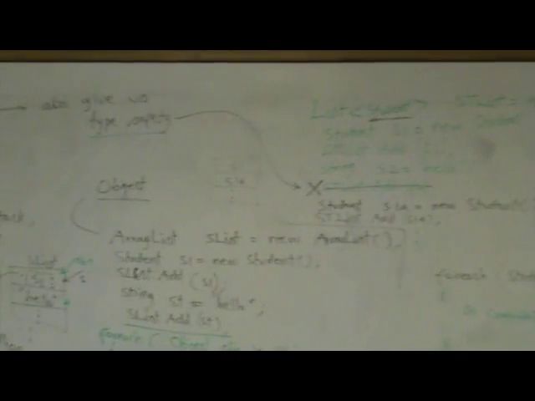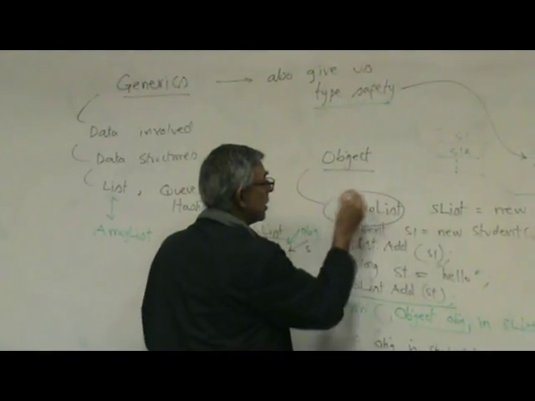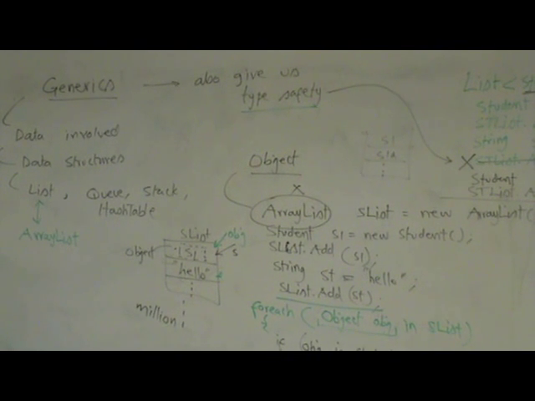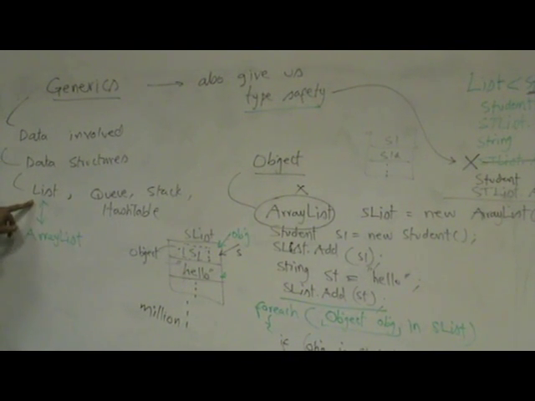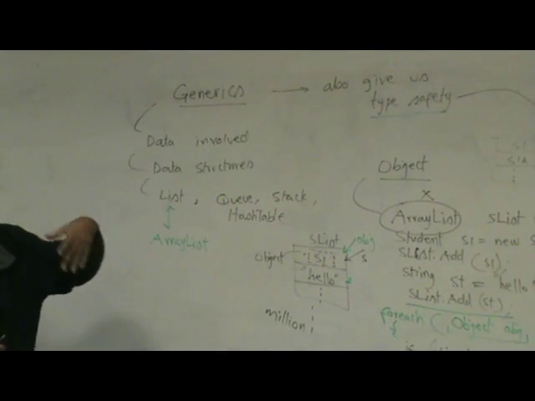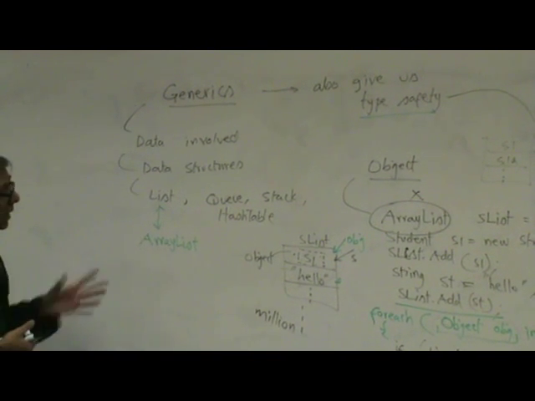So from now on, never use an array list, okay? There's really no need for it. If you have to store data, create a list. If you wanted a stack, again, there's a pre-built class stack where you can create a stack of integers or stack of doubles and so on.